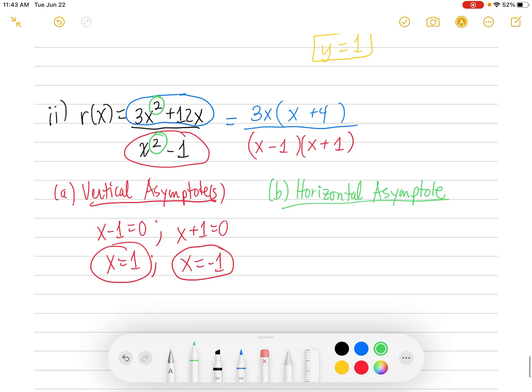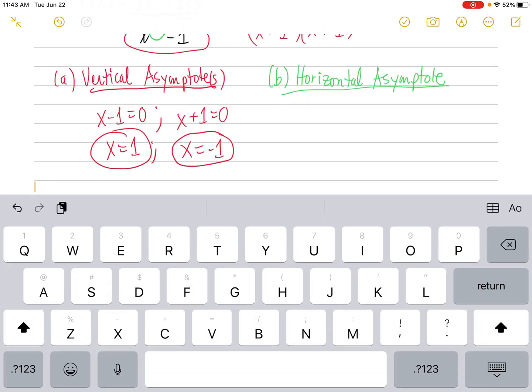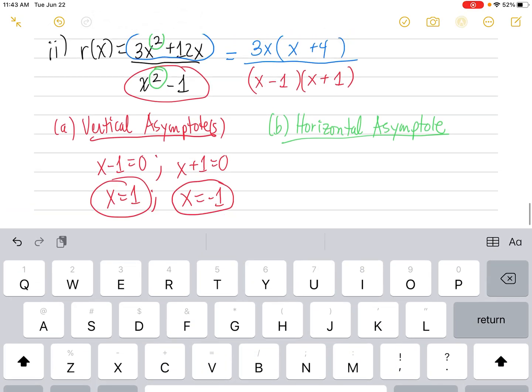So how did I know that? Well, I look at the degree of the top and the degree of the bottom, and they have the exact same degree.